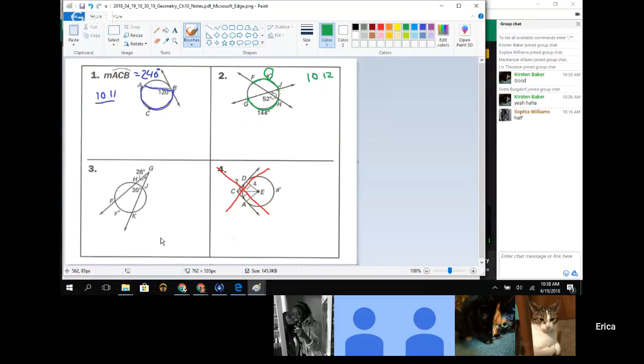But 52 degrees actually helps us out with this arc length and this arc length. So how do we figure out the measurement of this angle right here? Well, I know that this 52 degrees plus my angle F toward the center to J, this angle here, plus 52 degrees adds up to what?